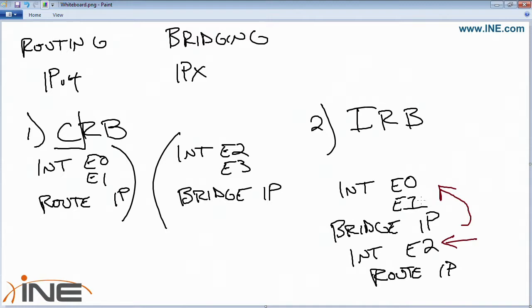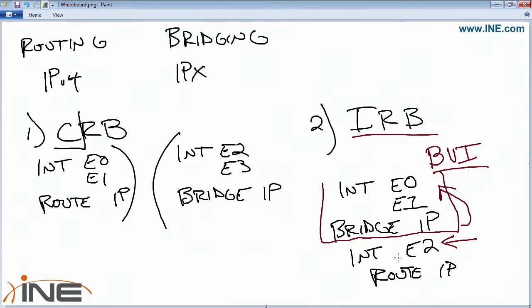Now, the main difference from an implementation point of view is that this integrated routing and bridging feature has a logical interface which is called the Bridge Virtual Interface, the BVI, that represents the bridge domain to the routed domain.